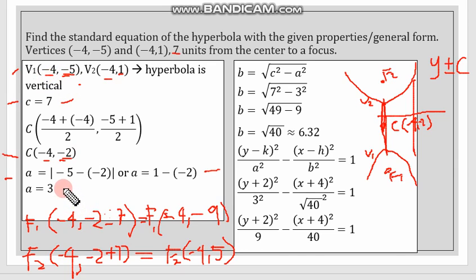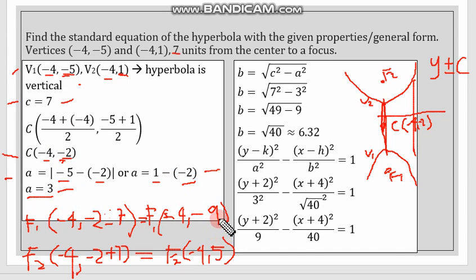Negative 5 minus negative 2 is negative 5 plus 2, which is negative 3. The absolute value is 3. We can also use the other vertex: 1 minus negative 2, which is 1 plus 2, is 3.